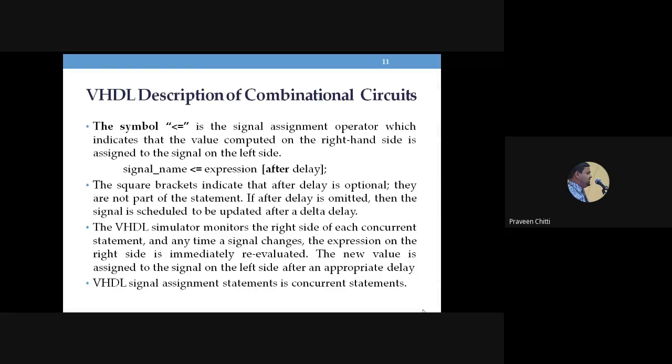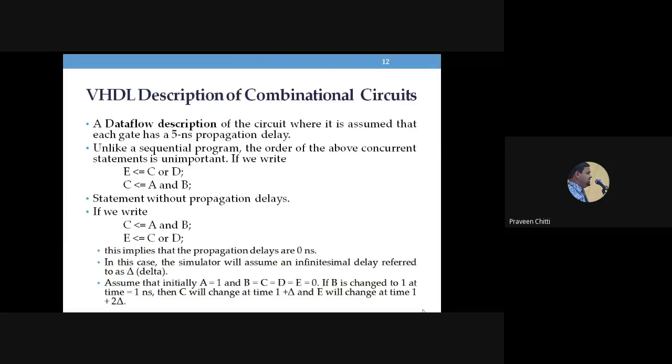Optional delay can be added, and there are 2 types of delays which we already discussed in the previous class: inertial delay and transport delay. These examples we have already discussed. If delay is not mentioned, then the assignment will not happen immediately. It will take a very small amount of time, and that time is called delta delay.